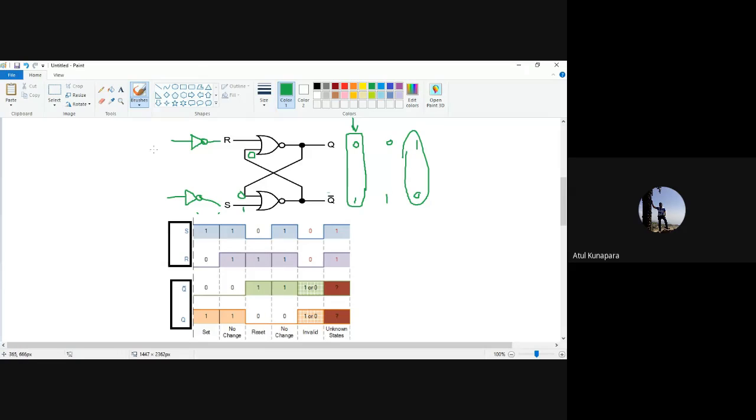Here this is what you are giving, your R and S. Let us say this is R dash and S dash, and this is the Q. It is like this now.